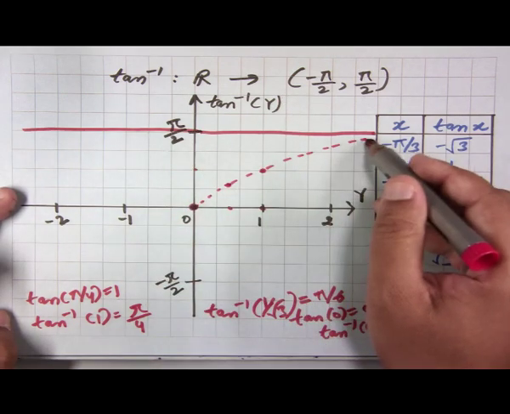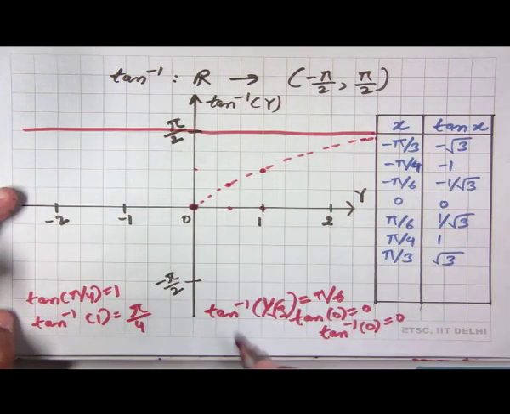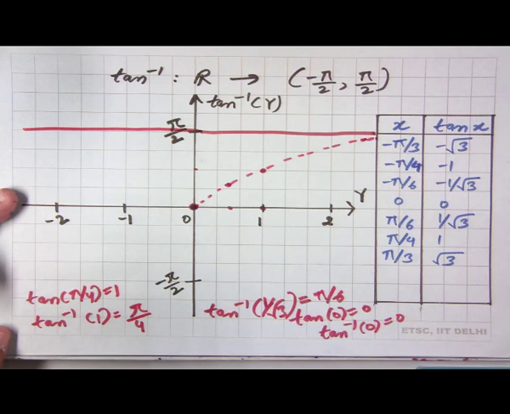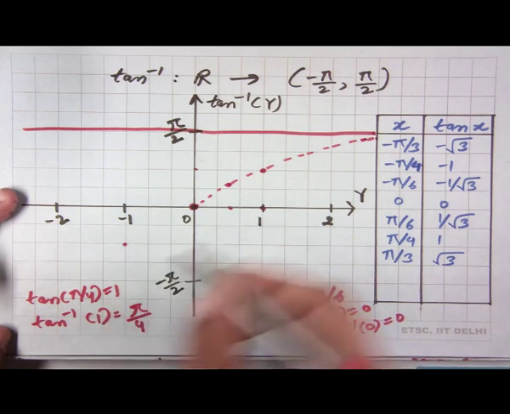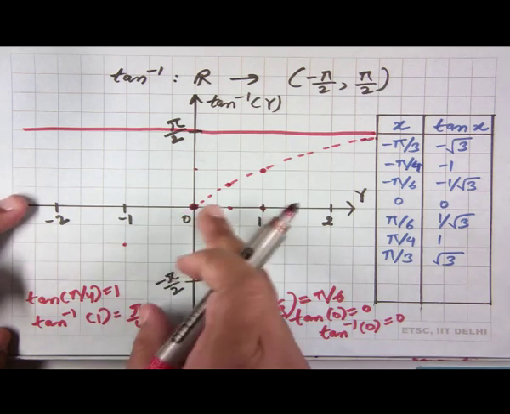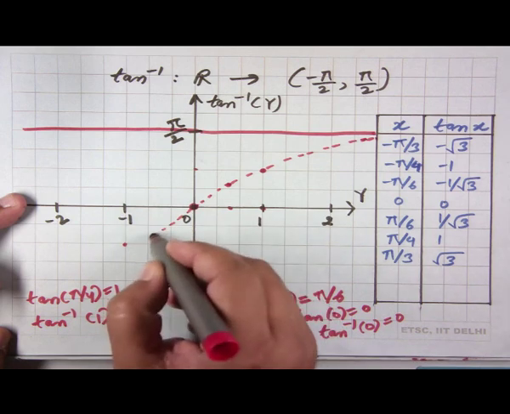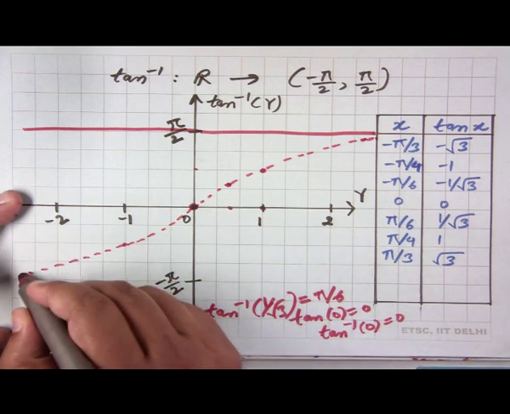So this dotted curve will never go beyond this solid red line. And similarly on the negative side also, using this table, we can draw the curve for negative values of y, and even here the curve that we will get is something like this.